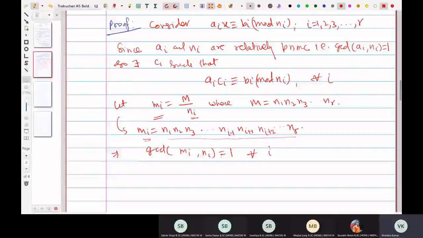So they are going to be relatively prime, m_i and n_i. And of course this is evident.